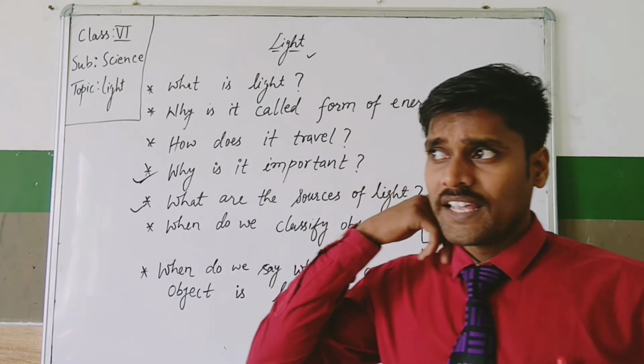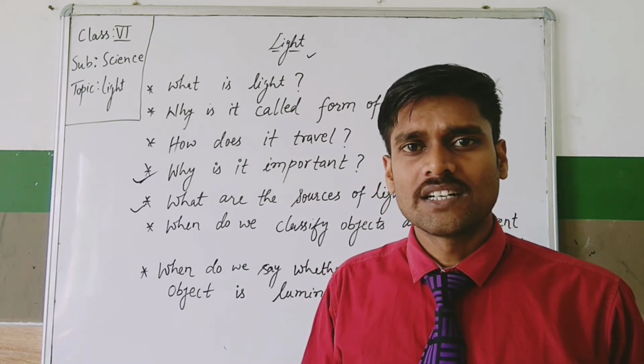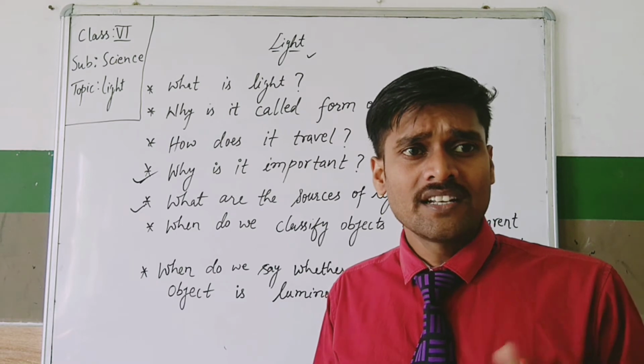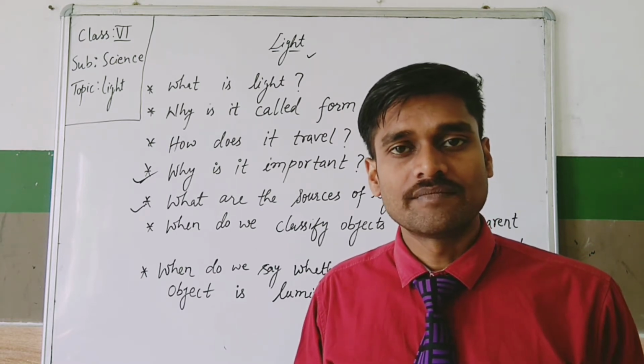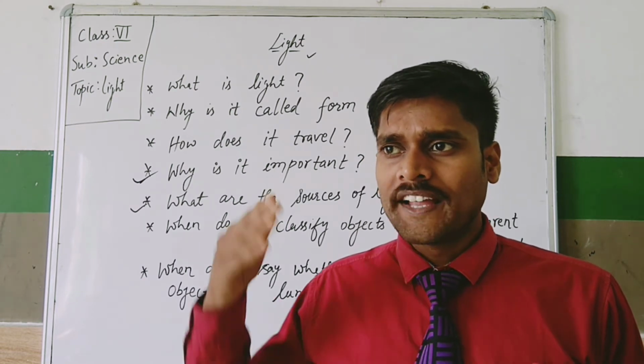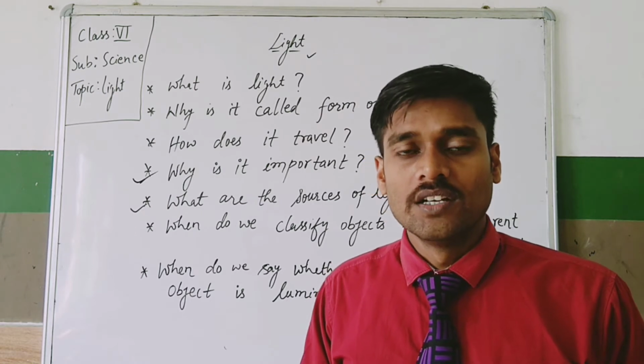Now the question is, if light is falling on different types of objects, on that basis, how are they classified? Why do we classify them into different categories? See, when light falls on a surface, what can happen there?